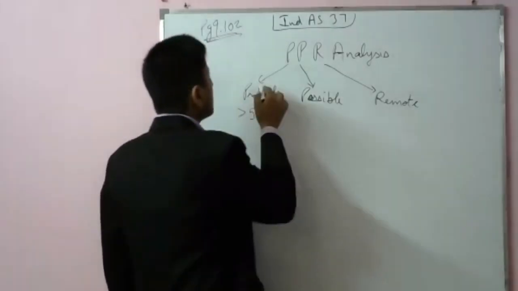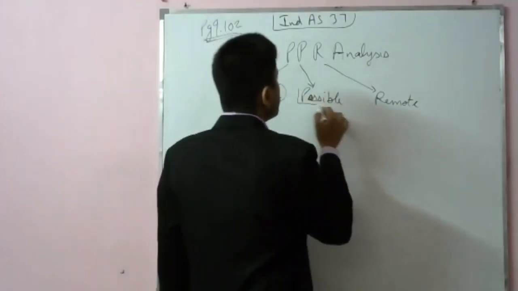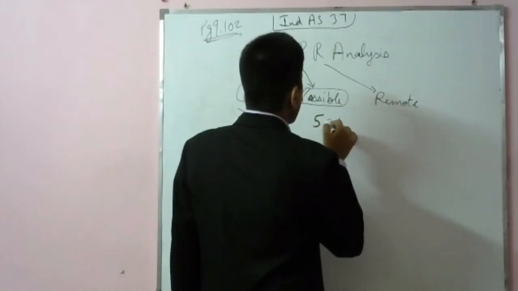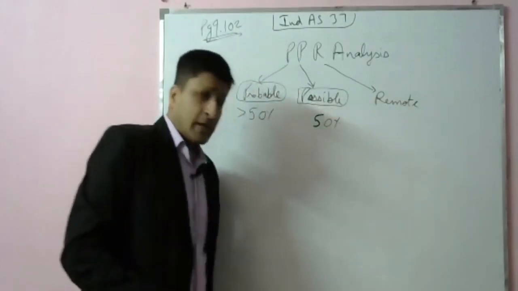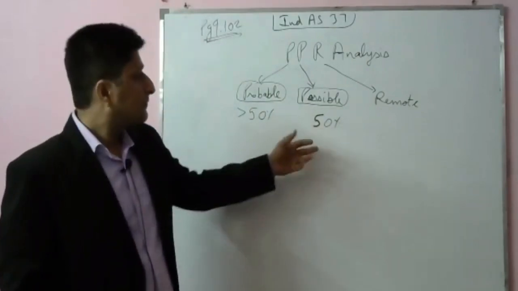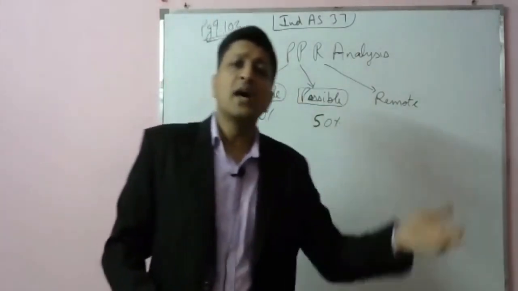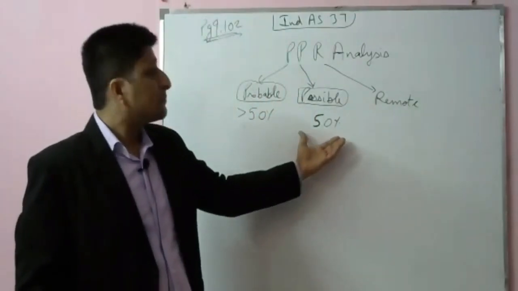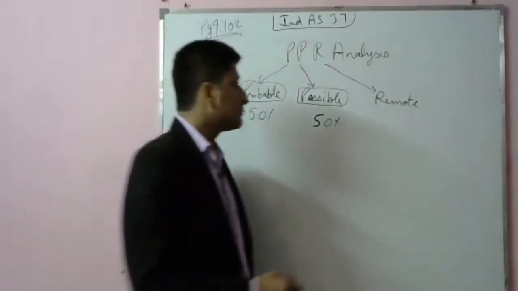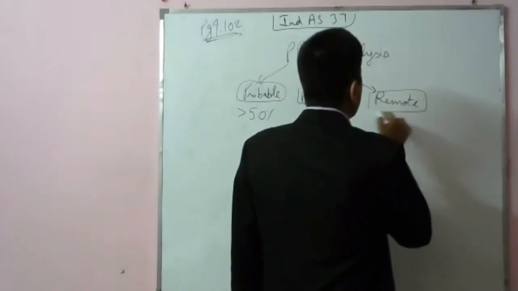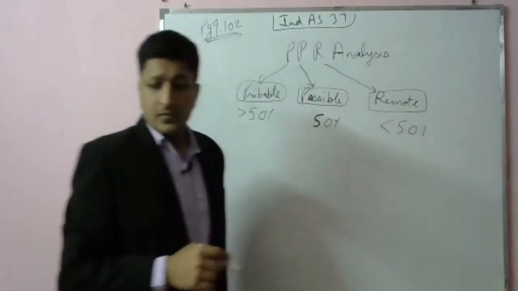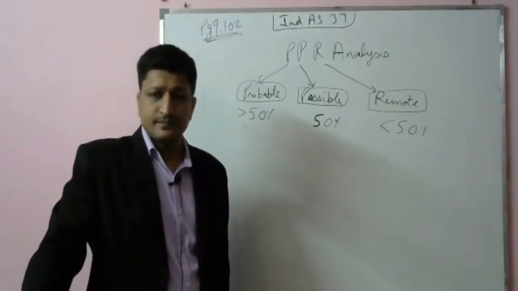What is possible? Possible means which has occurrence chance of 50%. Means when it's 50-50, we are not sure as to what will be the outcome. That is called possible. Third is remote. Remote means wherein the chances of outcome is less than 50%.